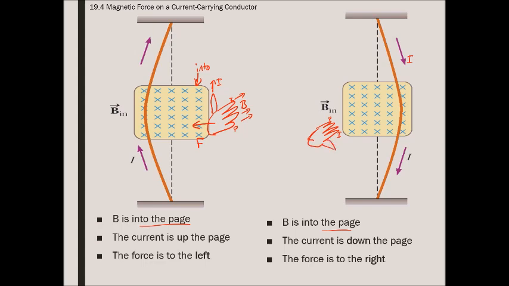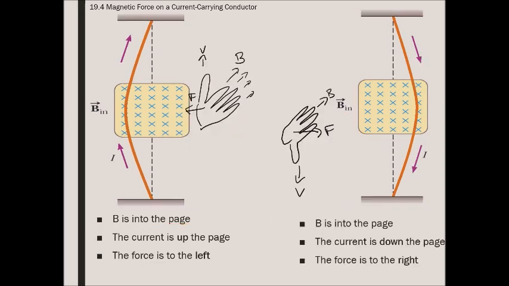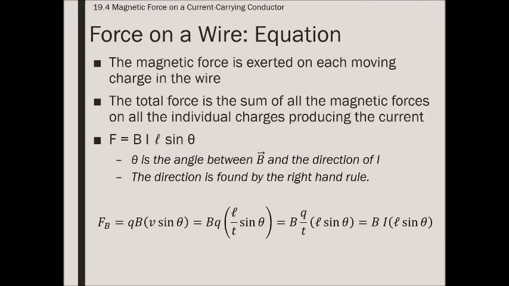So you take your hand from the thumb pointing up and flip it over so your thumb is pointed down in the direction of the current, and then the force will be to the right. You flip your hand over and your palm flips the direction, and therefore the direction of the force flips. So here are other versions of those drawings.